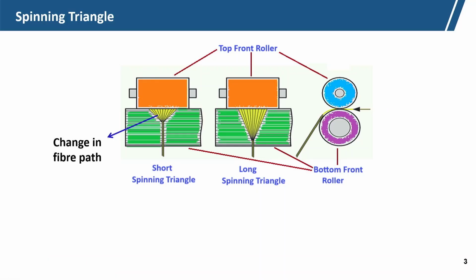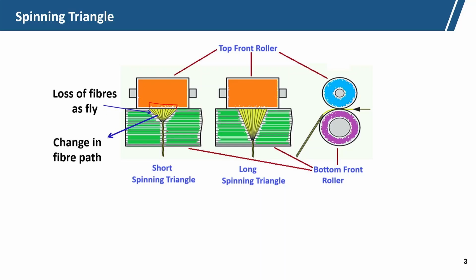And this is due to the change of path of the fiber. When the fiber strand comes out from the nip point, there is a certain width, and after that it changes path to form the twisted yarn.